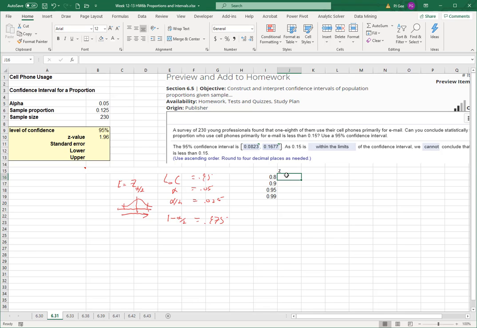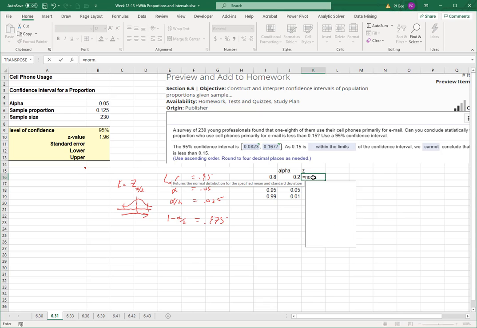So the z, if we do it the same way, we'll put the alpha in here, is equal to 1 minus that. This is the way that they tee it up in the course, so we're going to hold to the convention. So z is equal to the NORM.S.INV of that over 2, and we want the upper end of it.